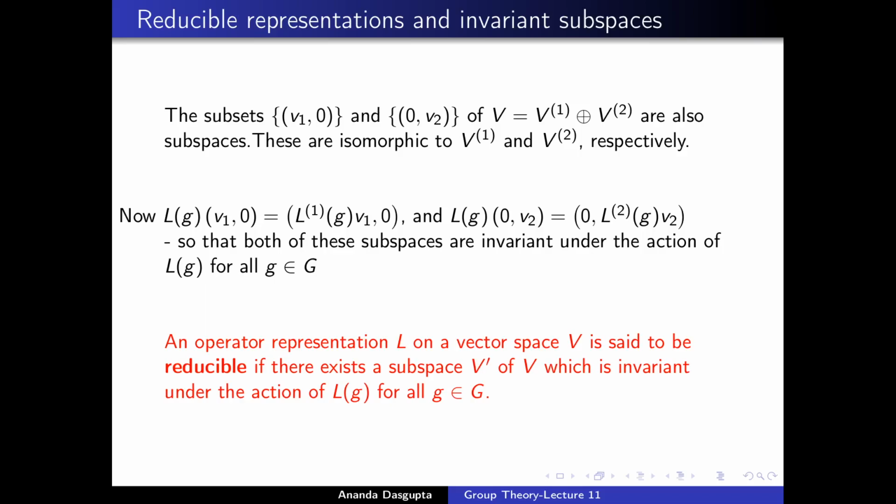Note that when we knew our vector space was a direct sum of two vector spaces V1 and V2, and we had a direct sum representation acting on this direct sum vector space, then the two vector spaces isomorphic to V1 and V2 were subspaces of V1 ⊕ V2 which were both invariant under the action of L(g) for all small g belonging to capital G. Here we are demanding that if there exists a non-trivial subspace V prime of V which is invariant under the action of L(g) for all small g belonging to capital G, then the original operator representation L on capital V is reducible.